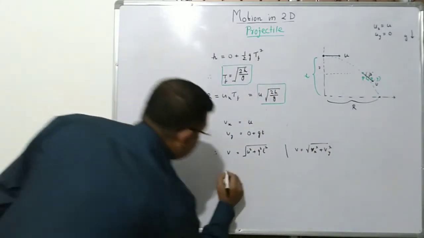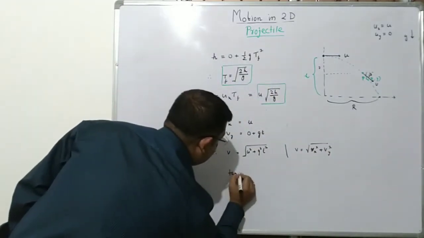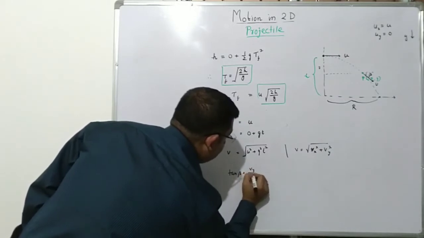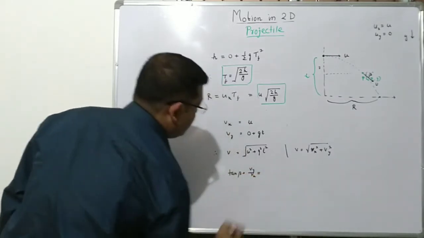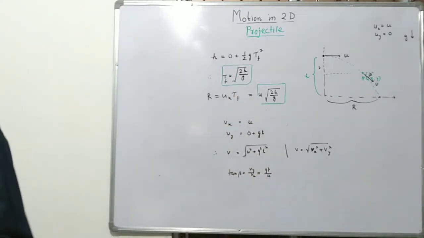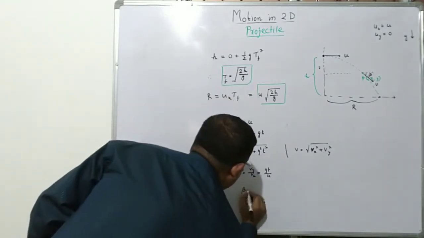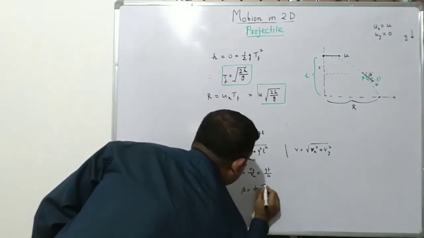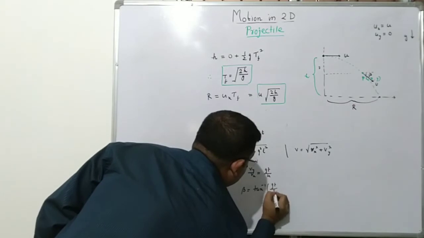And also tan beta will be given by Vy by Vx, which is gt by u. Or in other words, beta can be given as tan inverse of gt by u.